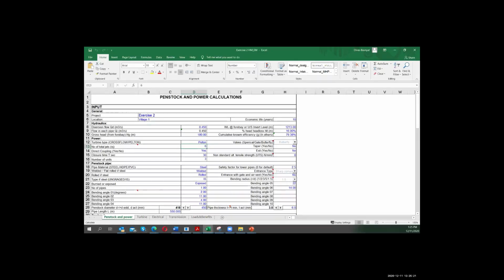If you want, I can also put them in the Dropbox for you to download, especially the micro hydro design manual, where these Excel sheets are also explained in a better way.